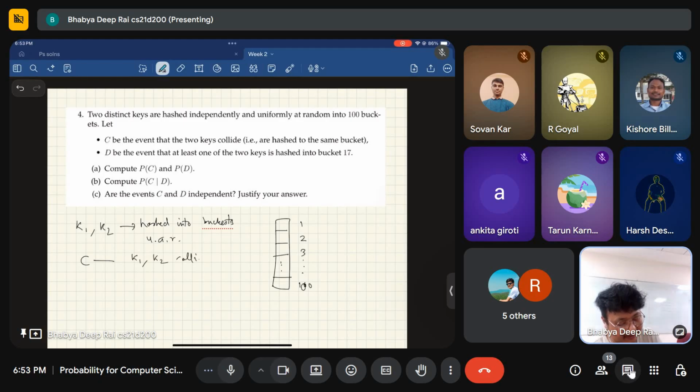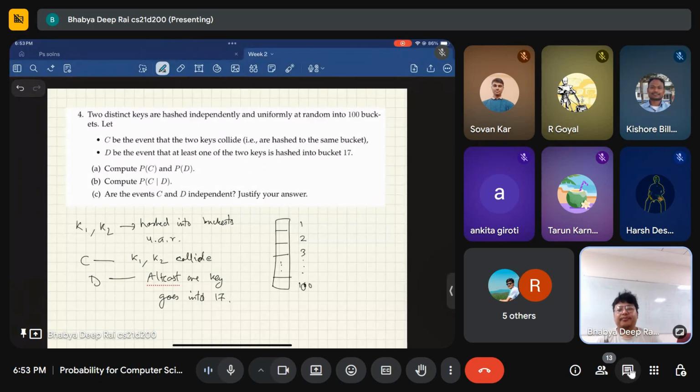That is, they get the same bucket. And what is D? At least one key goes into bucket 17.